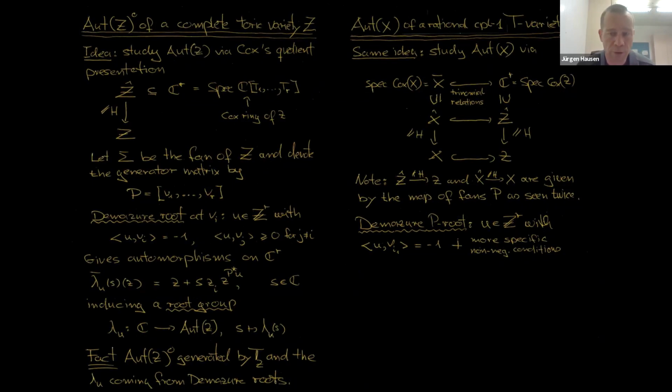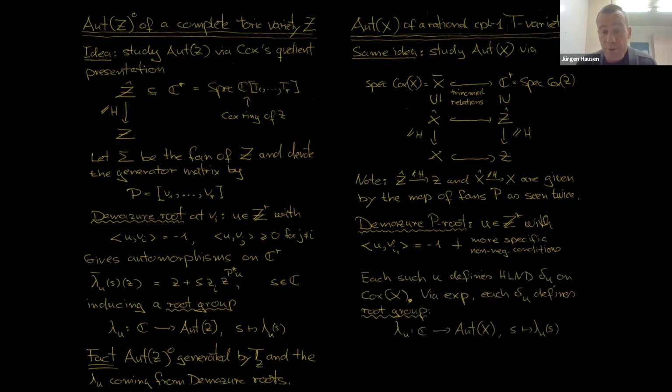I don't want to write them all down. These are a lot of conditions. What we need to take at the moment is this: they are all non-negative on any column different from this v_{i1}, and the conditions are a bit more specific. They have to be greater or equal to some entries of the matrix P.